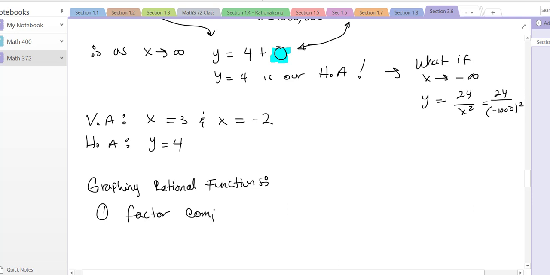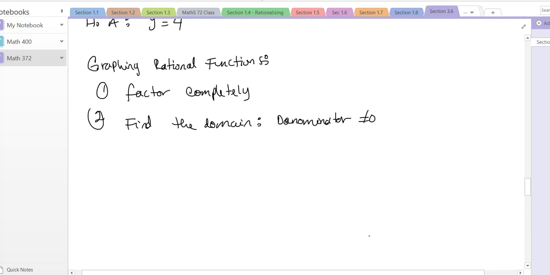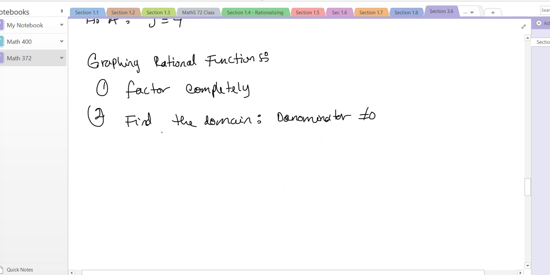The second step is we're going to find the domain. Remember, if you have a rational function, for the domain the denominator can't be 0, which is almost pretty much going to give us our vertical asymptotes.